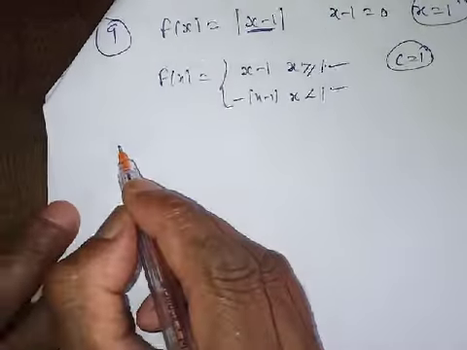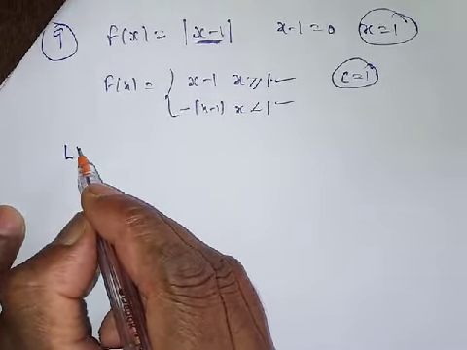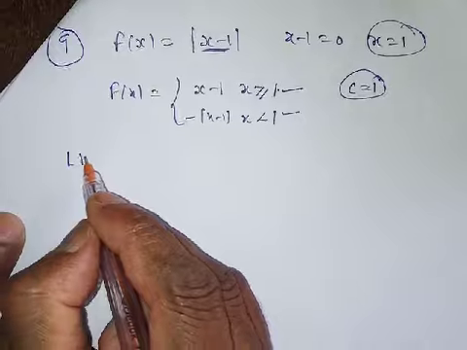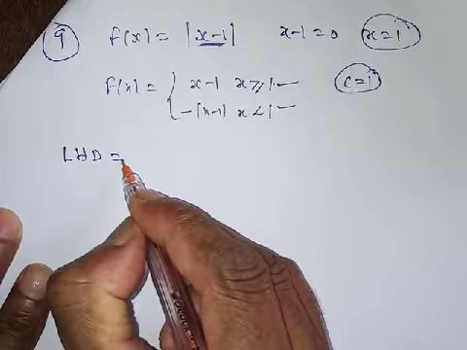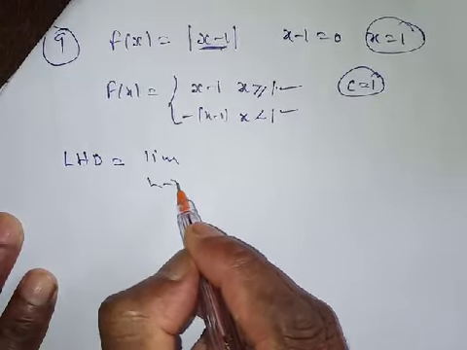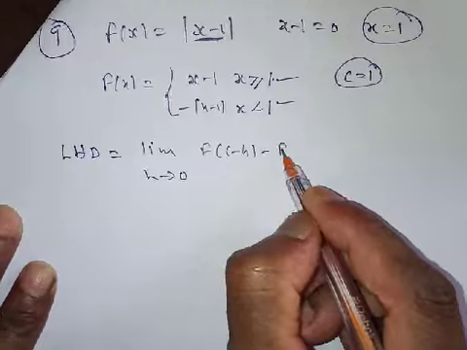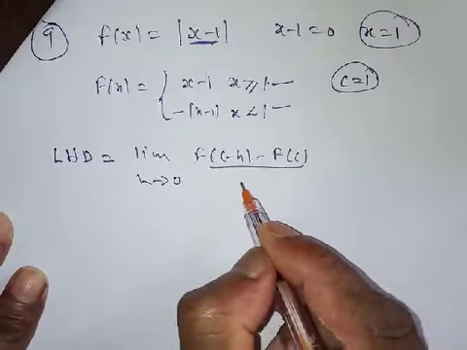So what do we have? LHD is equal to limit h tend to 0, f(c minus h) minus f(c) upon minus h.